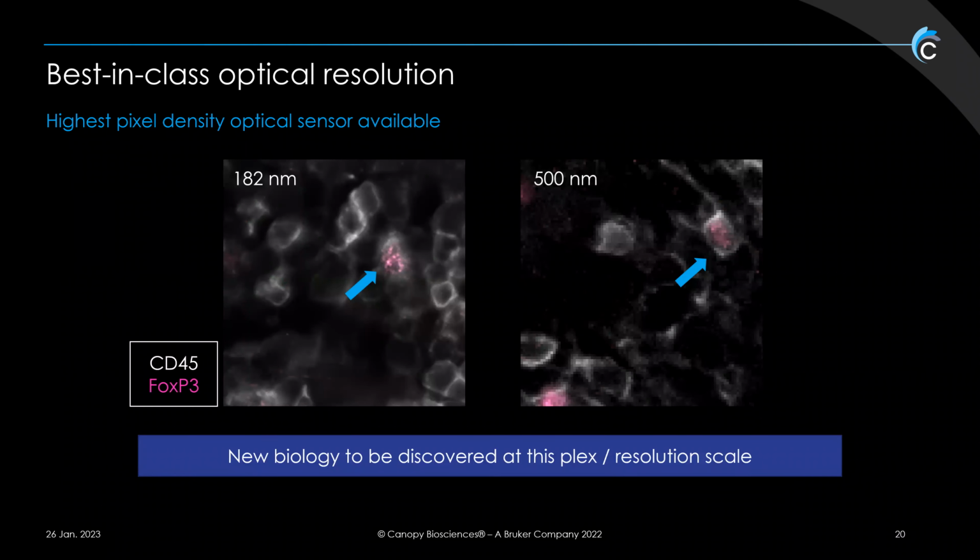And again, bringing it back to that example I showed before, this is really an A versus B of what you get on the right at 500 nanometers of resolution, in this case FOXP3 versus 182. On the one side, we can certainly tell if a cell is positive for that marker.